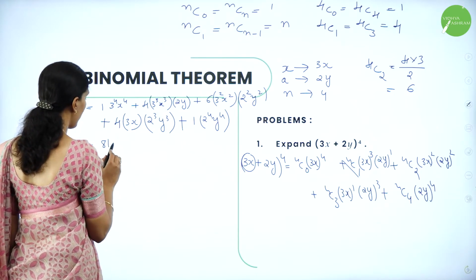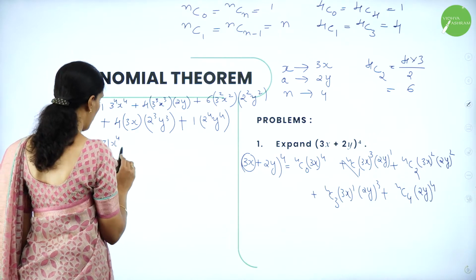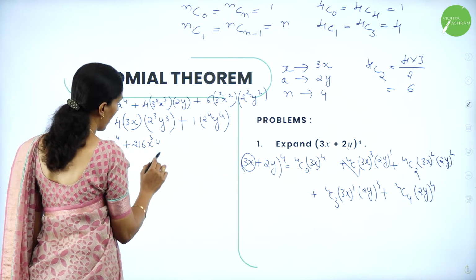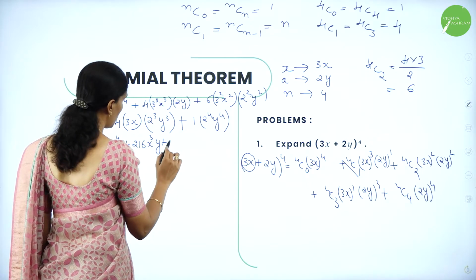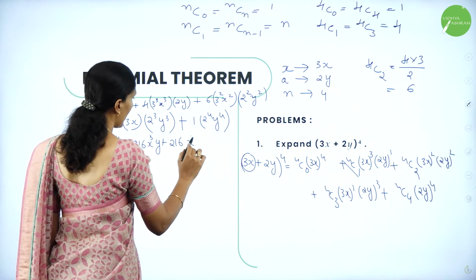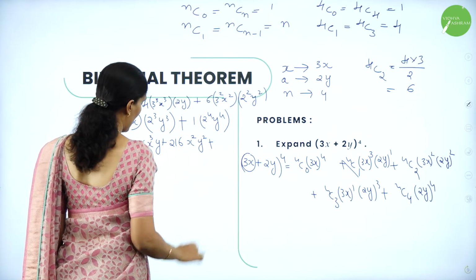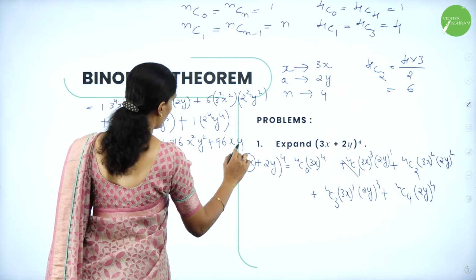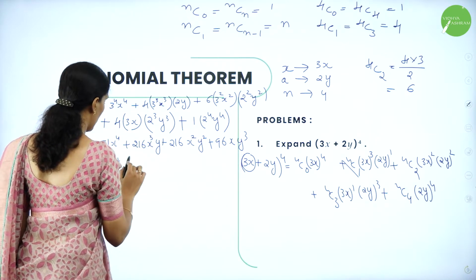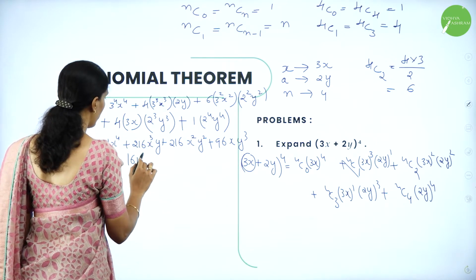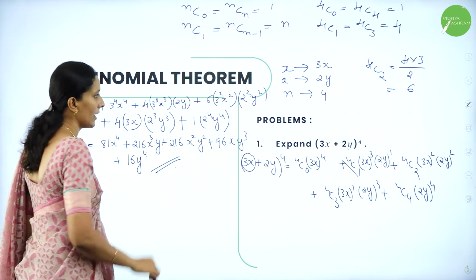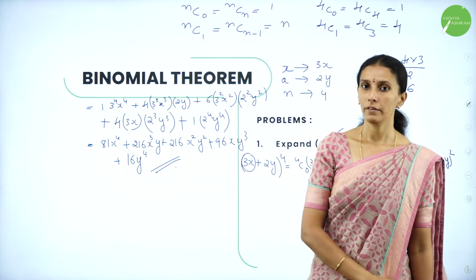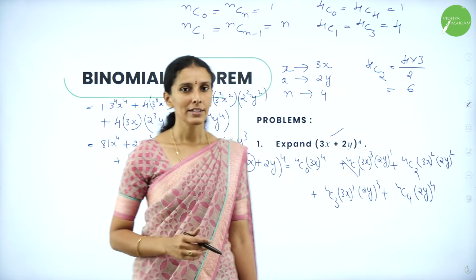That is 81 x power 4 plus 216 x cube y plus 216 x square y square plus 96 x y cube plus 16 y power 4. So this is the expansion of 3x plus 2y whole power 4. We'll take the next problem.